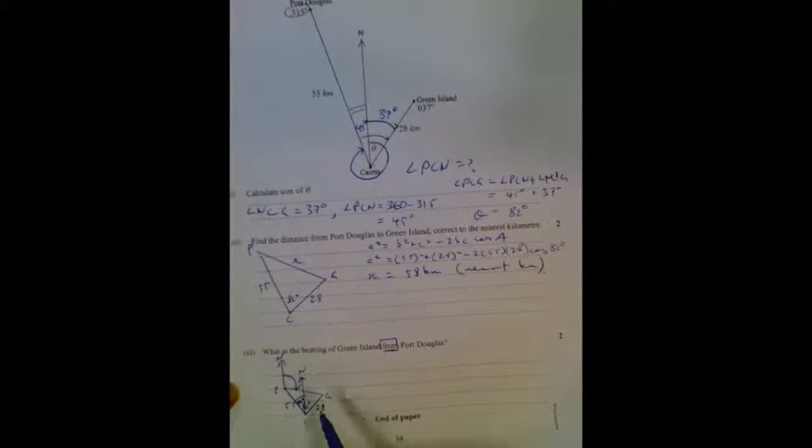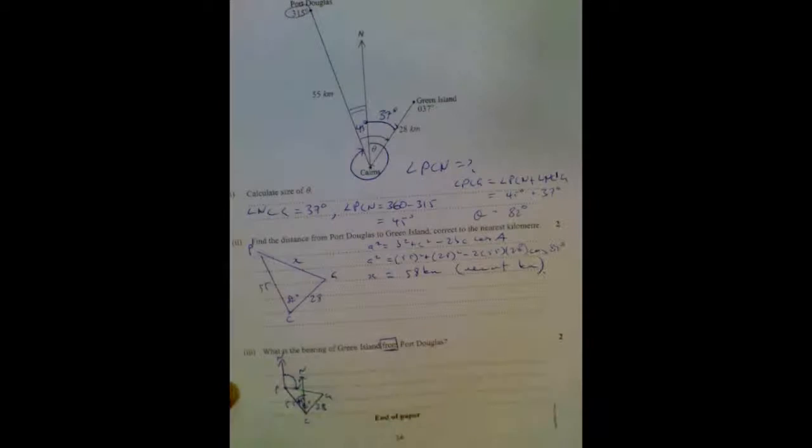So what we need to do is look at what we've got on the diagram. Never underestimate the power of having those two northerly lines in there. Straight away that tells you you've got parallel lines. Go back to your Year 7 and Year 8 maths: alternate angles, corresponding angles, and co-interior angles.